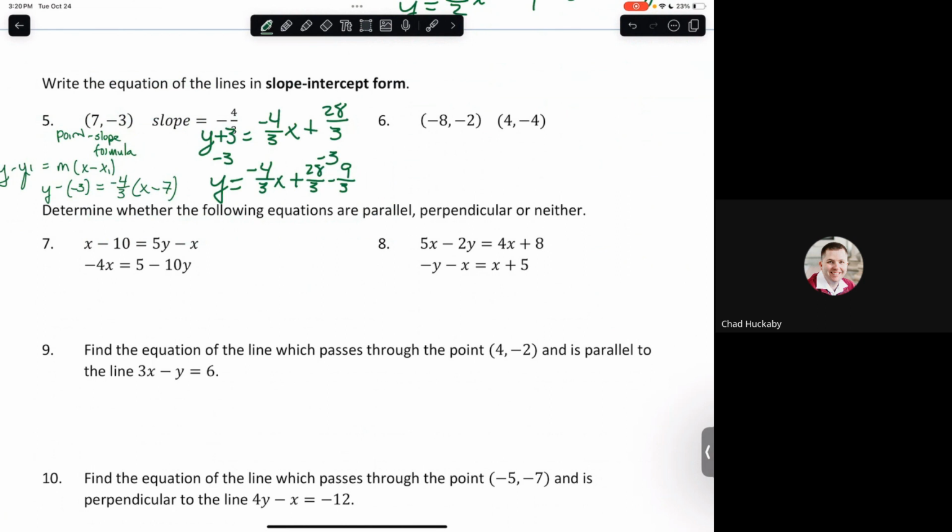So 28 minus 9 is 19. That means our final equation is y is equal to -4/3 x plus 19/3.